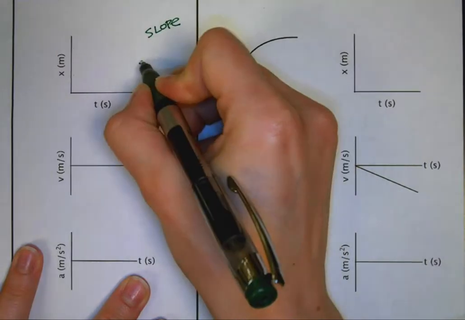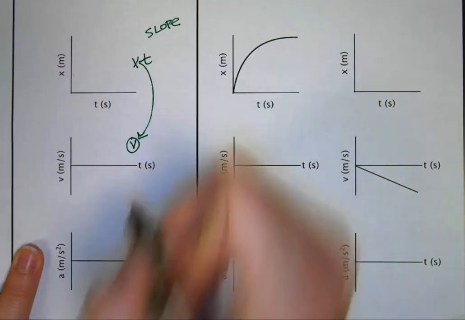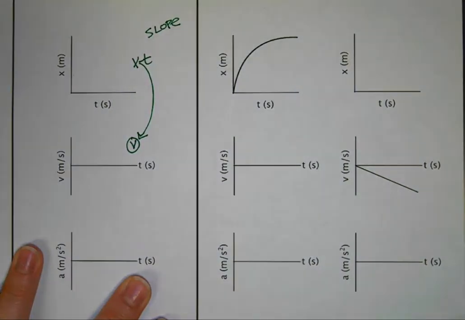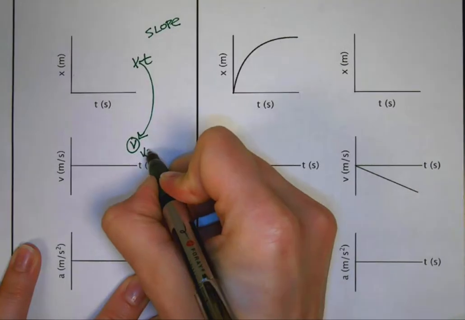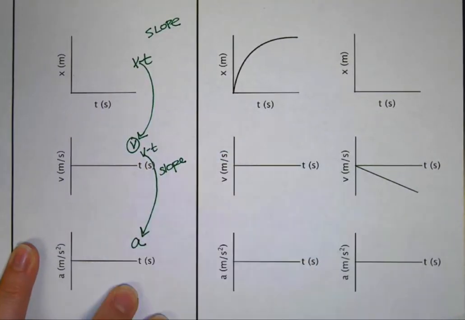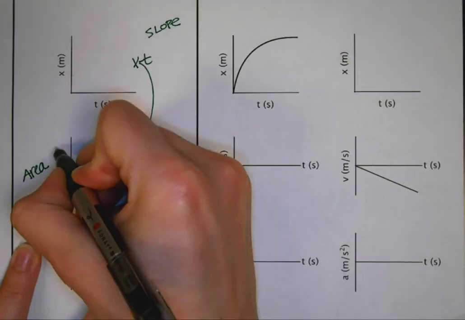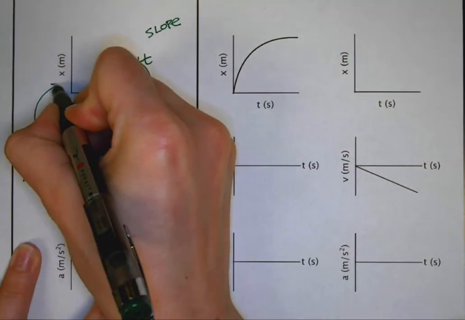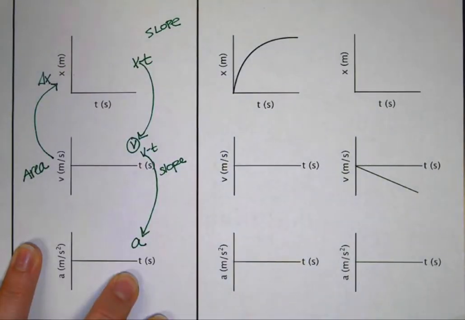So that's why I'm drawing from this position time graph, gives you the velocity. The slope from a velocity time graph, so from a VT graph, the slope gives you the acceleration. And from what we discussed before, the area under a velocity time graph gives you the displacement.